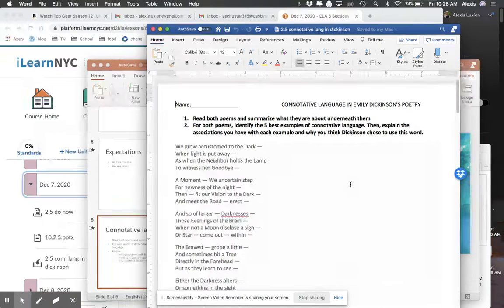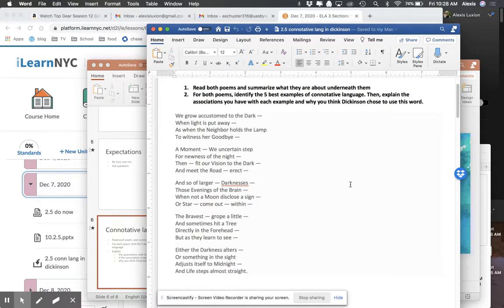So the first thing we're going to do is just read through the poems and summarize them, try to figure out what they're about. Okay? One thing before we start that it will be good to know is that we are reading poems by Emily Dickinson. She was a poet in the early 1800s. She wrote a ton of stuff. She was really prolific.